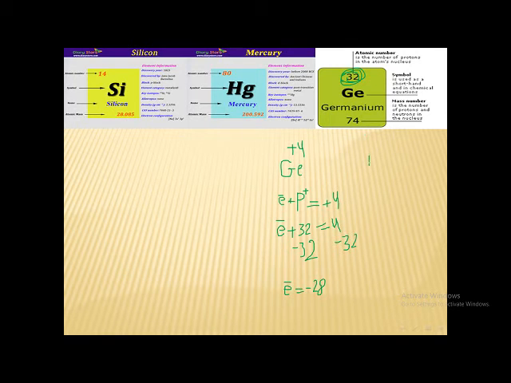And if you want to find the number of neutrons, it's the same way. The change in the number of electrons will not change the number of neutrons, or the mass number. It just changes the charge of the atom, it only affects the charge of the atom. So we can solve for the neutrons in the same way.